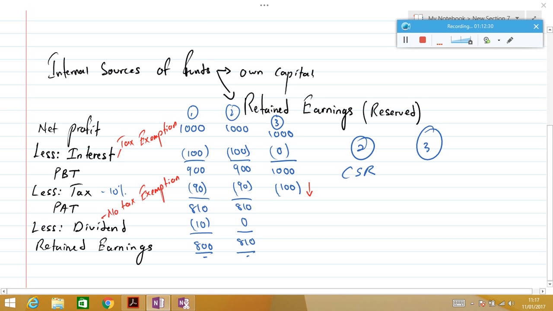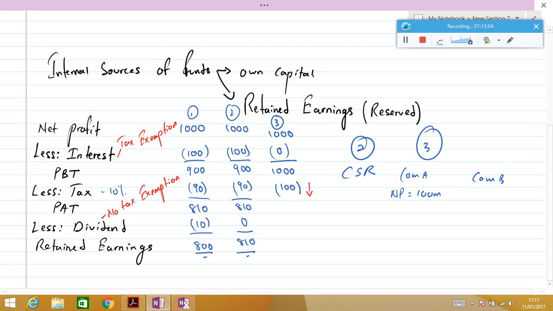So number 3, there's another famous method that all these companies do. For example, you have company A, which has a net profit of 100 million. Then company B has a net loss of 50 million.